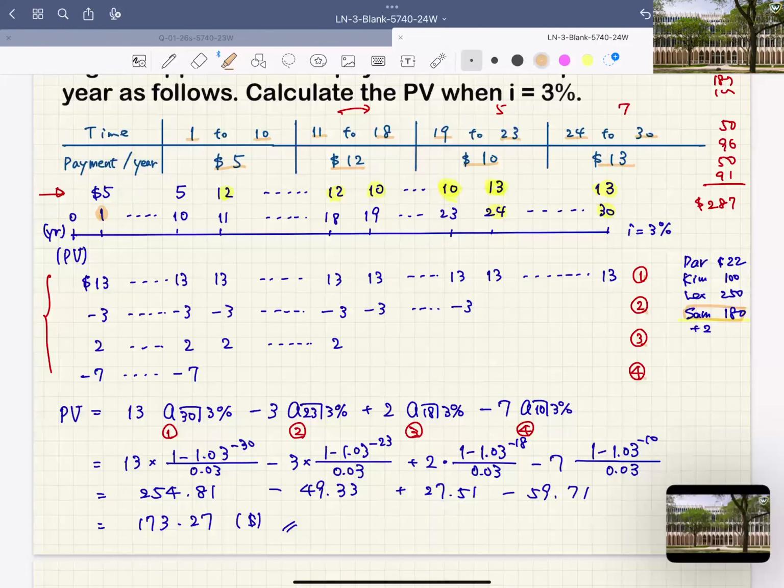So that is our restriction to use the annuity immediate formula. So to use that strategy, we consider the longest cash flow first, okay, $13. Then we make a shorter cash flow, but still starting at t is equal to 1. Then an even shorter cash flow, still starting at t is equal to 1, and so on. So in this way, we can use the annuity immediate formula for all of these 4 cash flows.